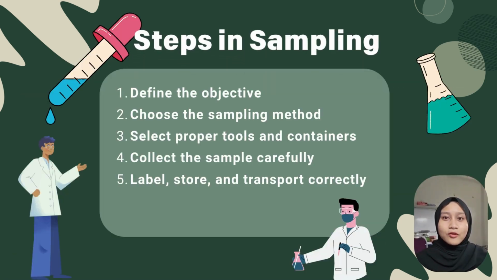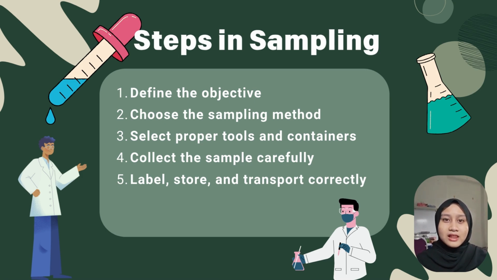Next, sampling follows a few important steps. First, we define the objective, which means knowing why the sample is being collected, such as for testing, quality control, or research. Second, we choose the right sampling method like random, stratified, or systematic sampling.